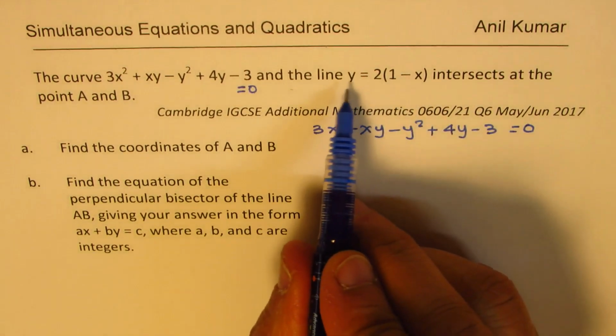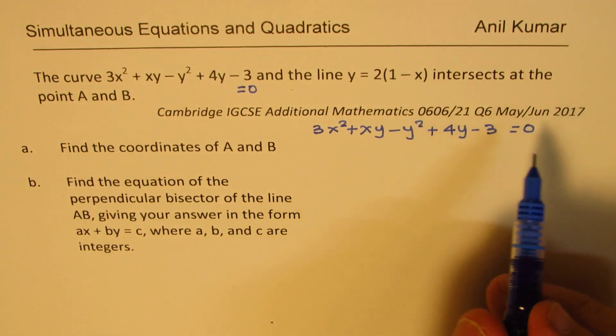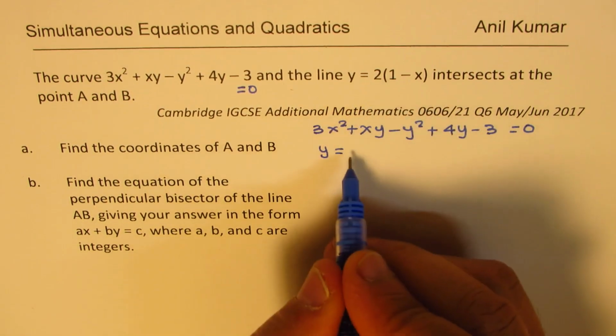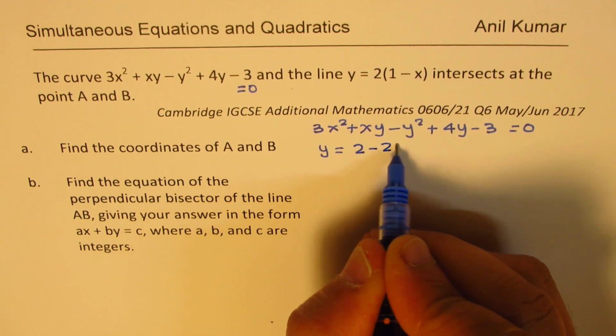And the other equation is y equals 2 minus 2x.